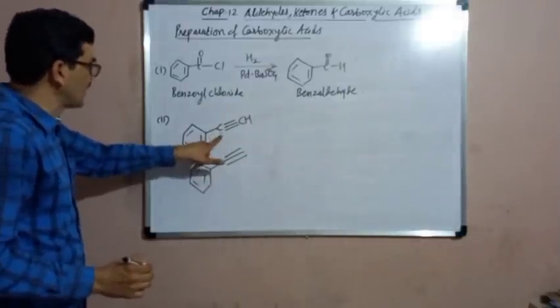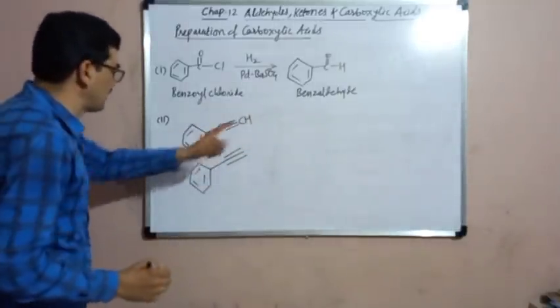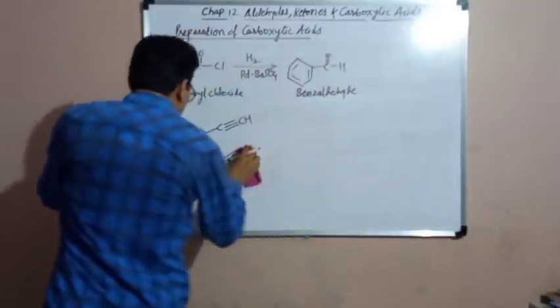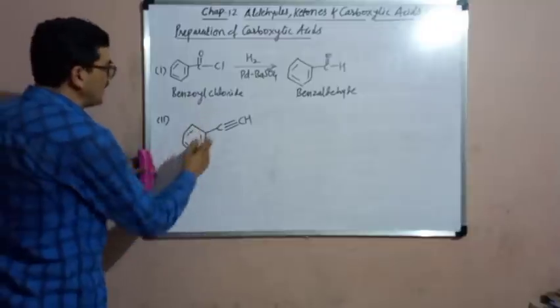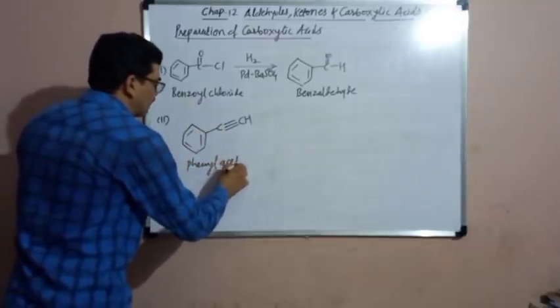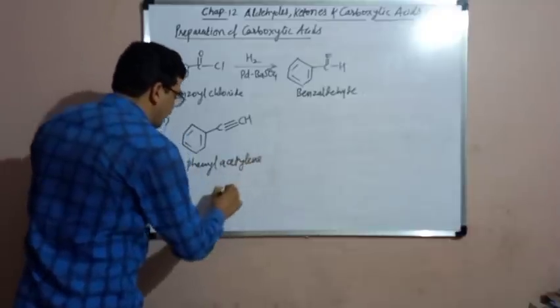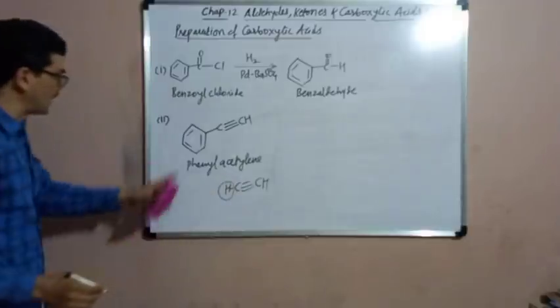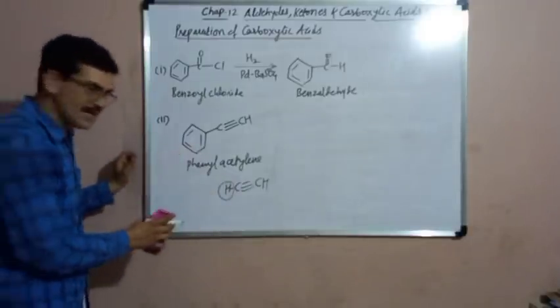It means there is a carbon-carbon triple bond. So this is an alkyne. The name of this alkyne will be phenylacetylene. Phenylacetylene, because acetylene is CH triple bond CH. One hydrogen atom gets replaced by phenyl group. Therefore, it is the phenylacetylene.